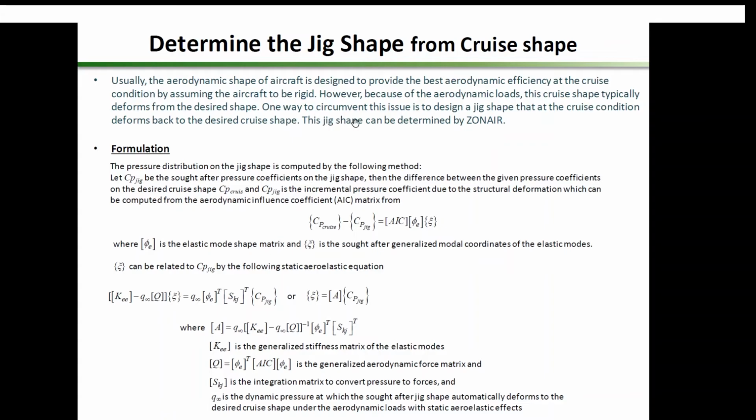One way to circumvent this issue is to design a jig shape that, at the cruise condition, deforms back to the desired shape. This jig shape can be determined by ZONAIR. So this is the formulation of how ZONAIR calculates the jig shape from the cruise shape.